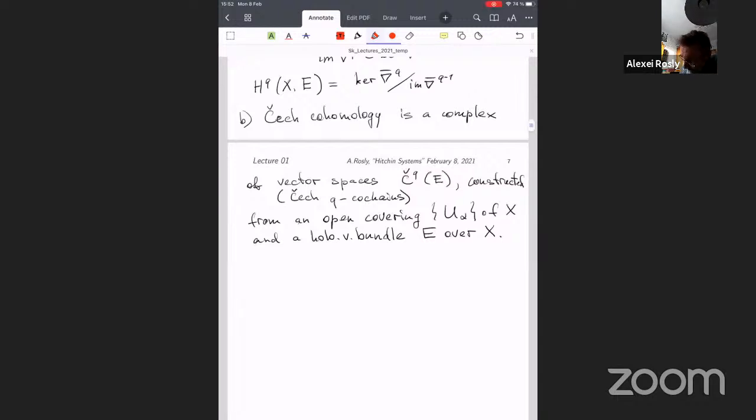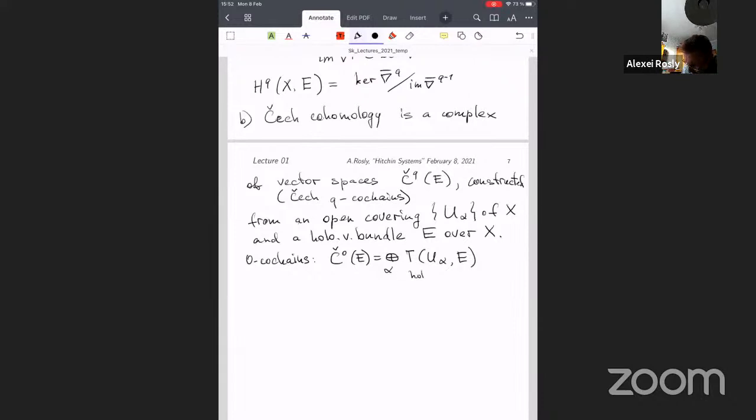So the space of zero chains C^0 of E is the direct sum over the elements of the covering of the spaces of holomorphic sections of the bundle E over each open set.